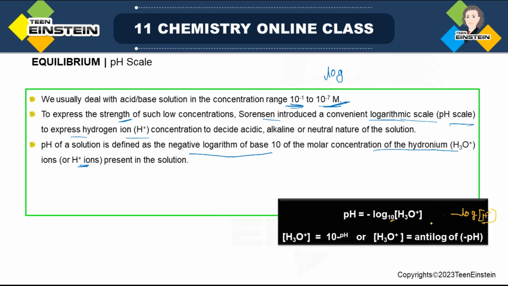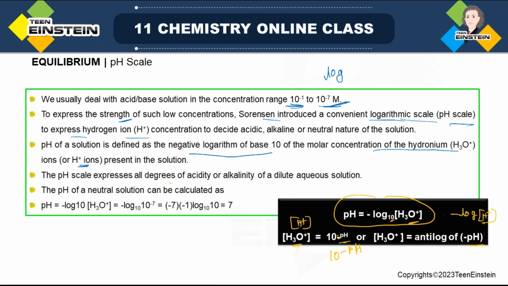In reverse order, if you write H3O plus concentration or H plus concentration, that is equal to 10 to the power minus pH. The minus is before the pH, like this. So H3O plus you can also write as the anti-log of minus pH, or 10 to the power minus pH. Okay, but the expression of pH is like this.